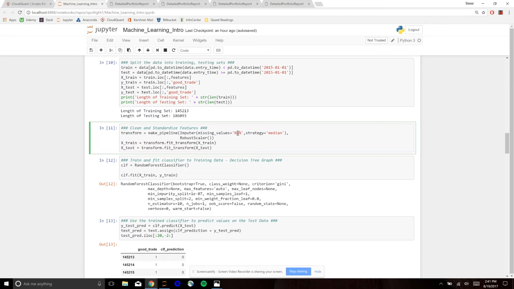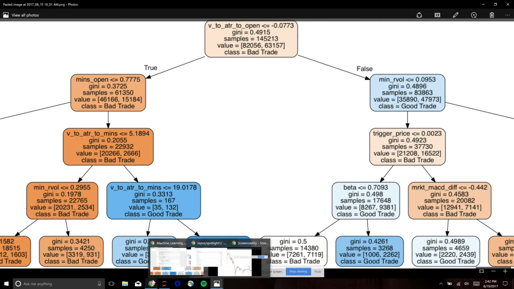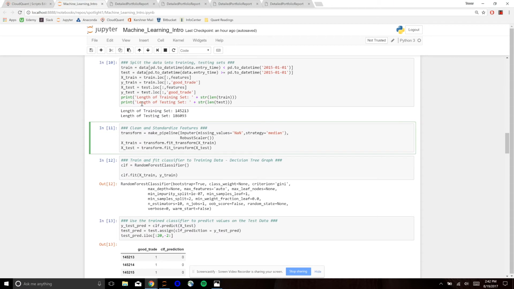You don't want the decision tree to create a separate decision based on some value that doesn't actually correspond to the trade. So say we gave a value of 2 to one of these trades that had a Nan value in here for min rvol.